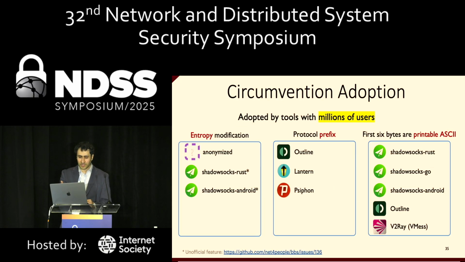So perhaps this is the slide that my colleagues and I are most proud of, which is that our circumventions were adopted by major circumvention providers. They were developed and adopted, and they helped millions of users regain their access to the internet.